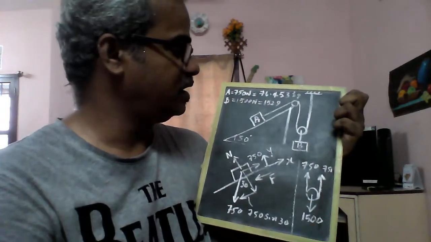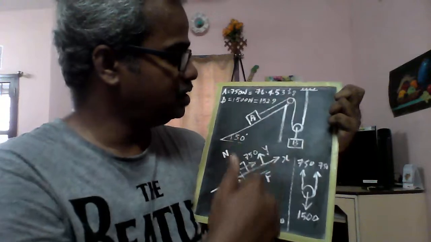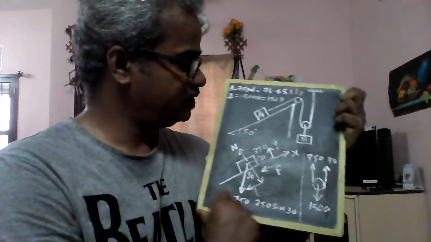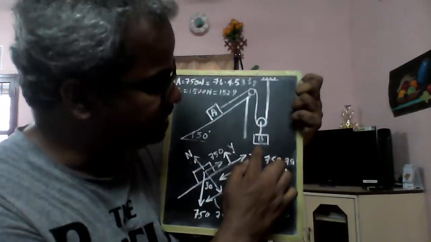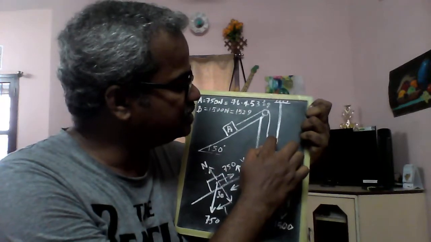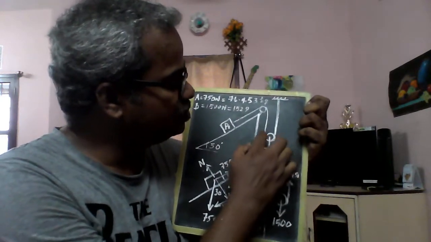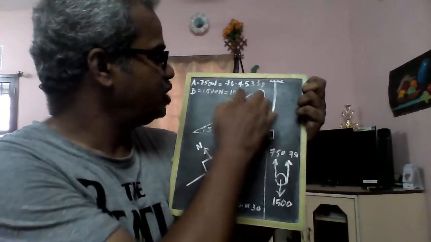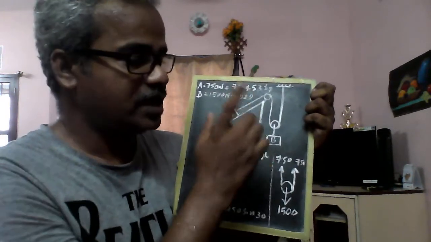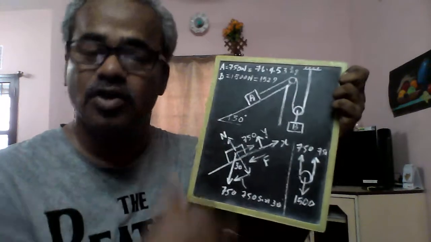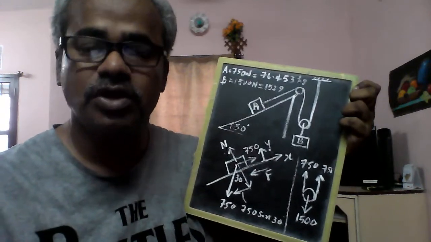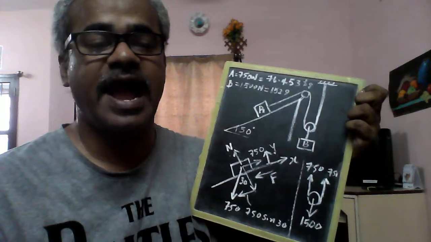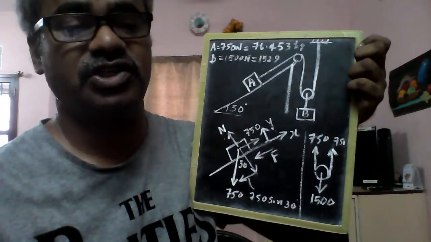That you have to identify. Then you take block B and get an equation, consider the pulley and get another equation, then consider block A and get another equation. Three equations you will get. We will solve for three unknowns and get the acceleration of body A and the acceleration of body B.